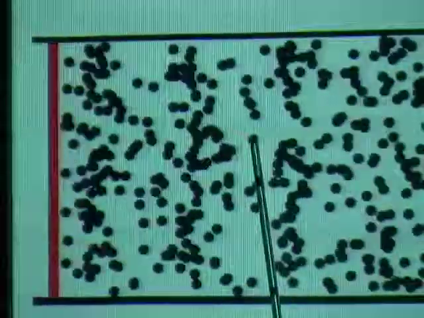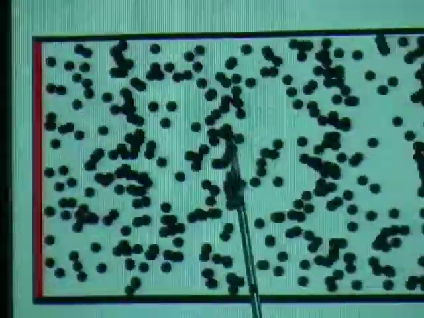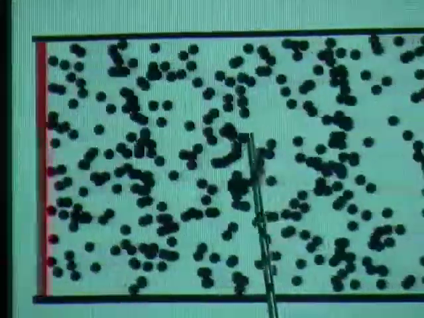But if you look at an individual particle, now look at any of these particles. I'm pointing at one particle. Look at the way it is vibrating. It is simply vibrating back and forth. There you are. So the particles vibrate back and forth. The particles are not moving away from their positions.